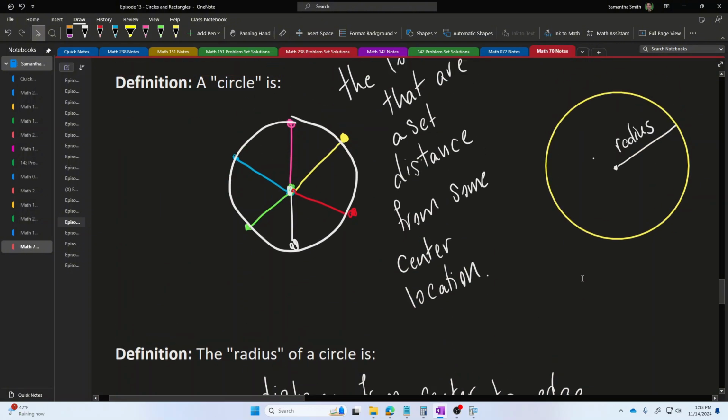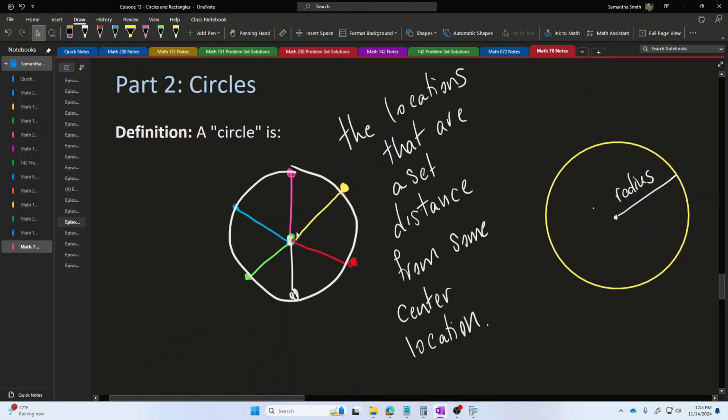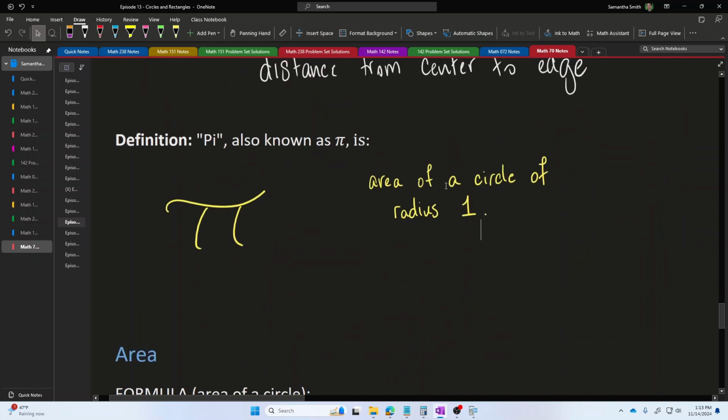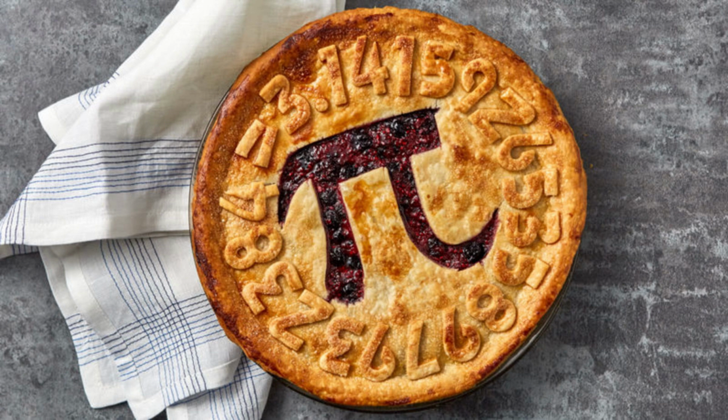If you took a rope which was 1 foot in length and you tied one edge of the rope to a post and you tied the other edge of the rope to a person and you let that person walk 1 foot out from the center in any direction, then that would form a circle of radius 1. And the area of that circle is a special number called pi.